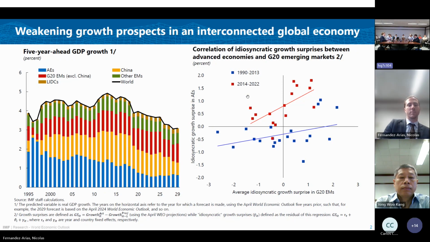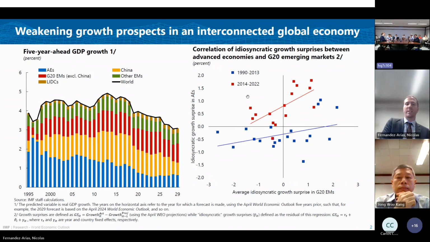We can see that on the left chart on this slide, which shows the slowdown driven by advanced economies, but also with important contributions from China and other G20 emerging markets. And in terms of evidence of increasing connections with the global economy, on the right, we show the correlation of idiosyncratic growth surprises in G20 emerging markets with advanced economies in two time periods.